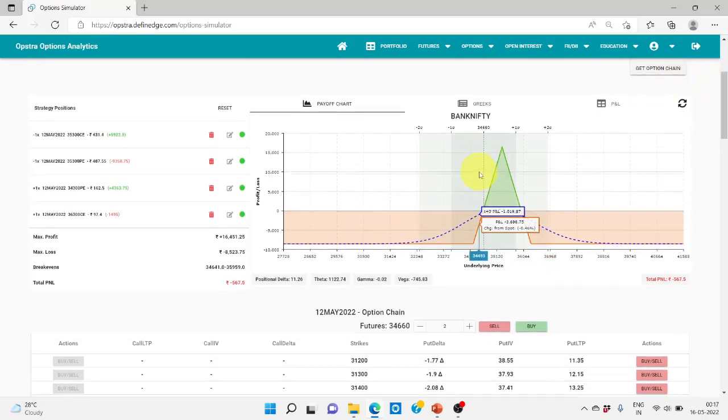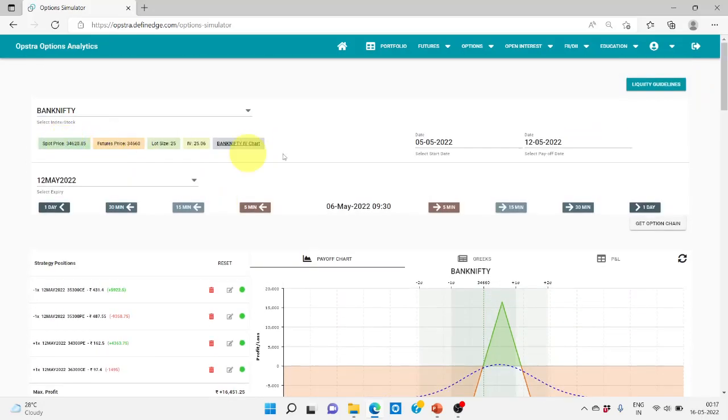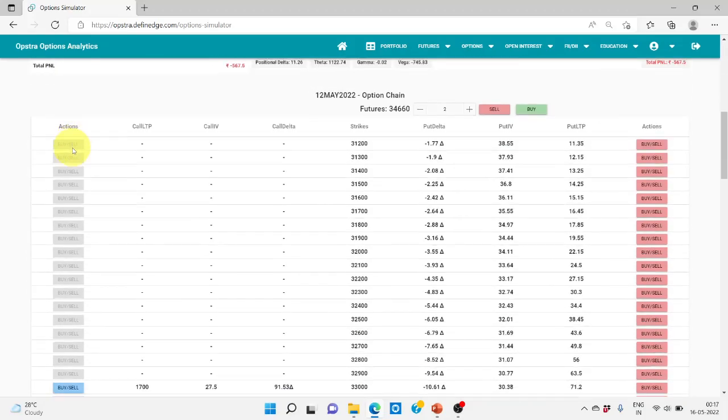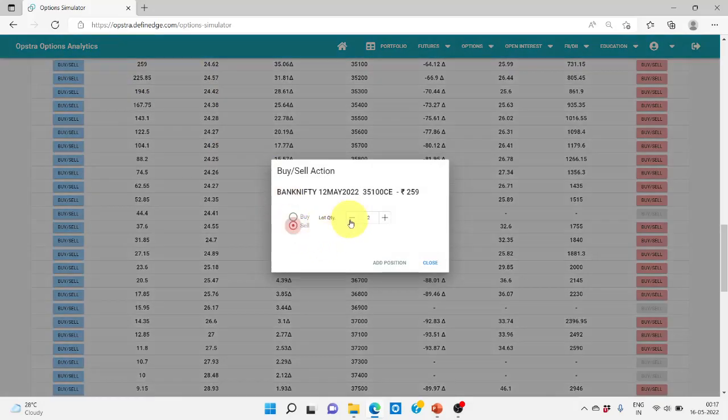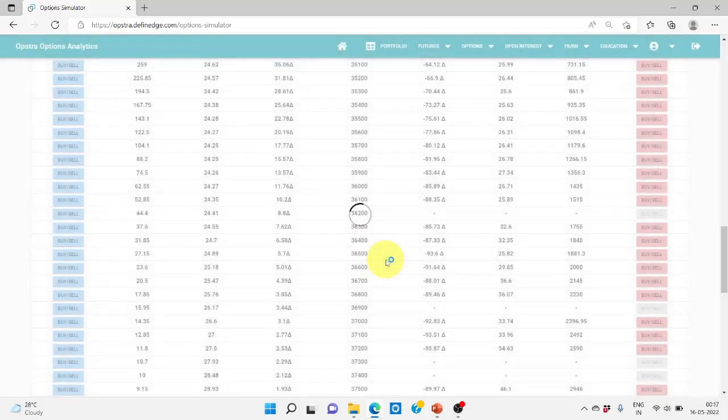So here we'll just go 500 points above from the ATM. So 34,600, and we are going to just sell one lot of call option.